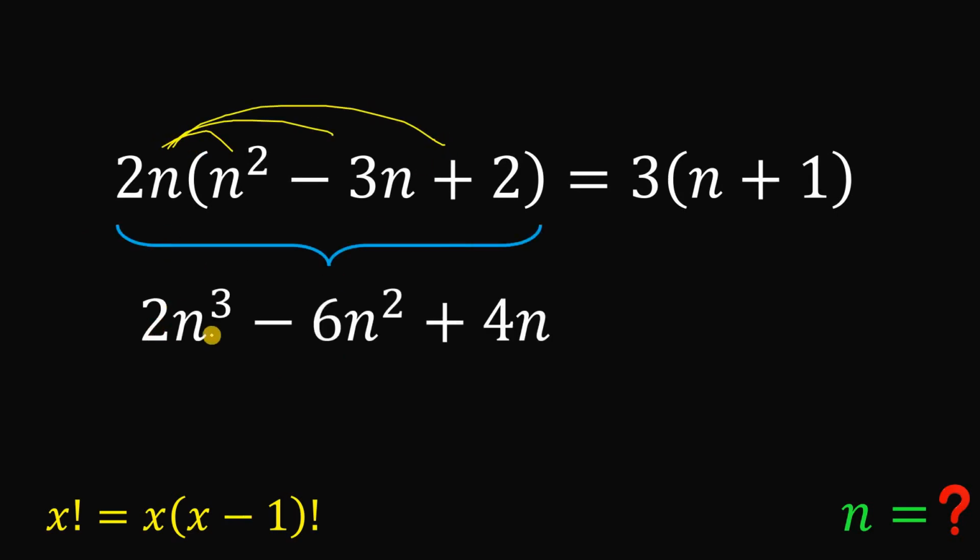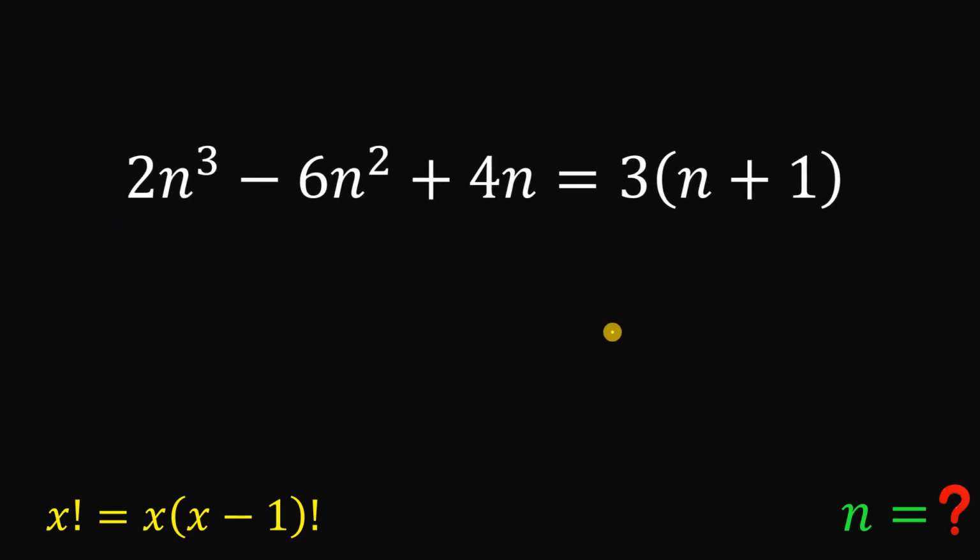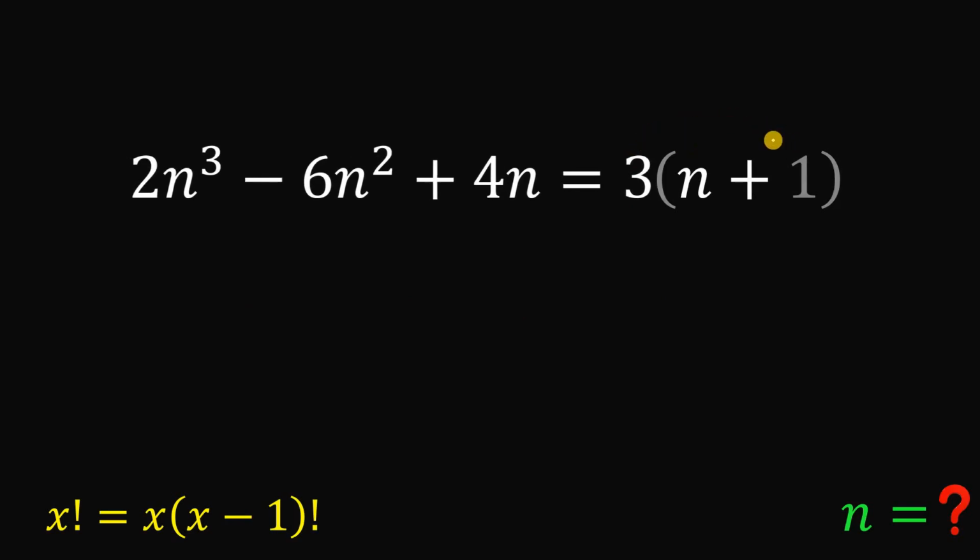If we do that, we get 2n cubed. 2n times negative 3n is negative 6n squared. 2n times 2 is 4n. So we can replace this with its equivalent. And the last one, let's distribute this 3 to n and to 1. And sure enough, we get 3n plus 3.